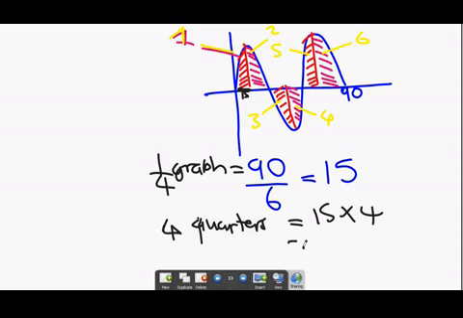So in other words, 4 quarters will give us the full period, which in this case is going to be 60. So the period of this graph is actually 60. In other words, by the time we move from here, that's 15 plus 15 plus 15, that's 45, plus 15, now we've got a full revolution.